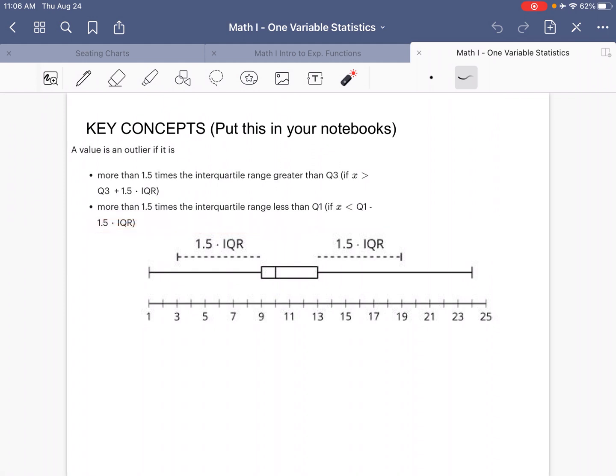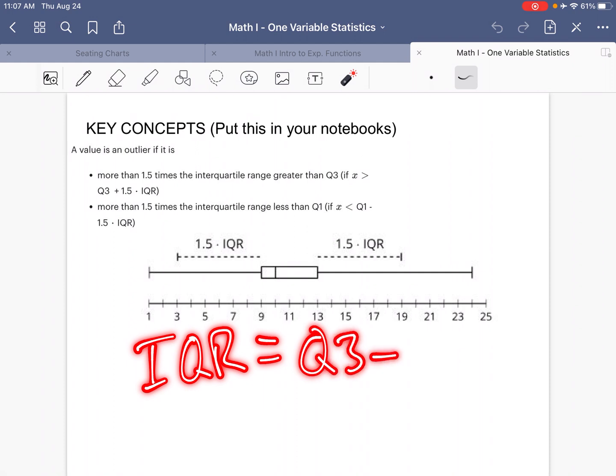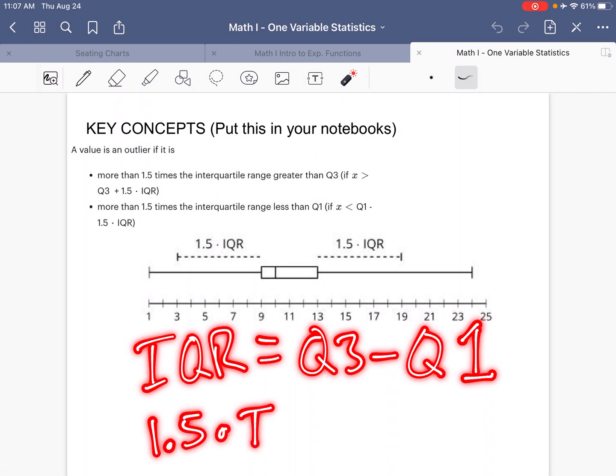First you find the IQR. That's Q3 minus Q1.